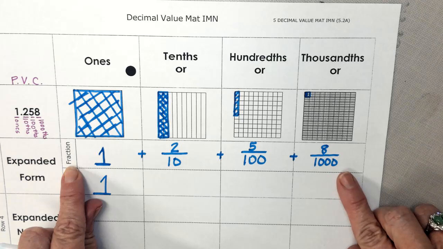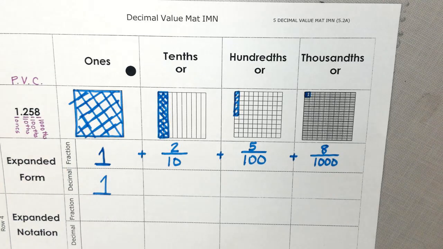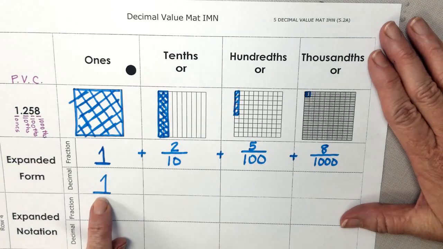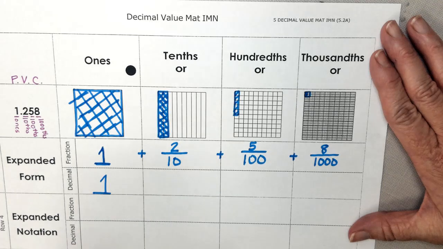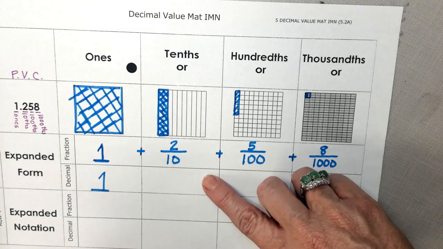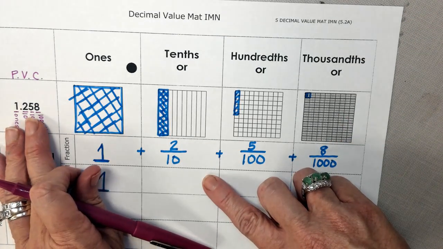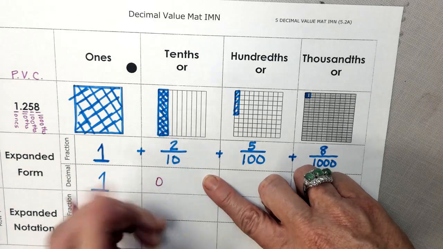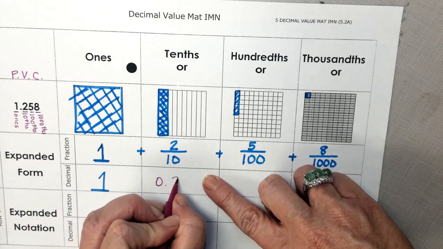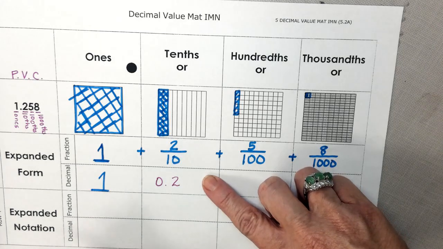Now all fractions have equivalents. So we have to write the decimal value as well. So the number 1, again, just stays the number 1. But if I want to relate it to a decimal, I'm going to go back to my PVC, and this is what I know. I have 0 ones in this picture, but I have 2 tenths.